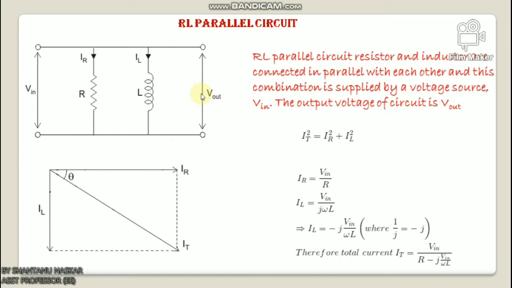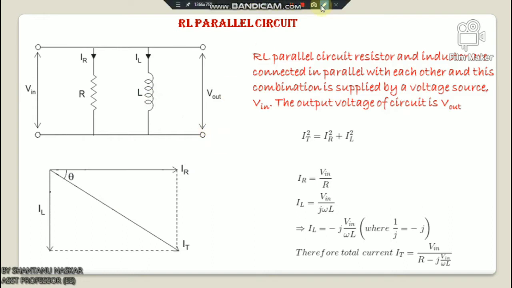But the currents flowing in the resistor and inductor are different, because they are in parallel. So the parallel RL circuit is not used as a filter for voltage, because in this circuit the output voltage equals the input voltage, and for this reason it is not commonly used as compared to the series RL circuit.